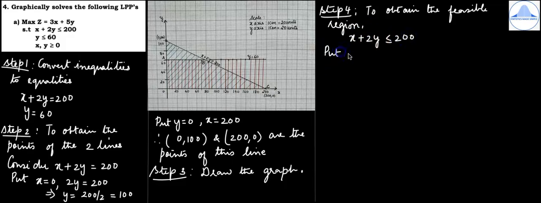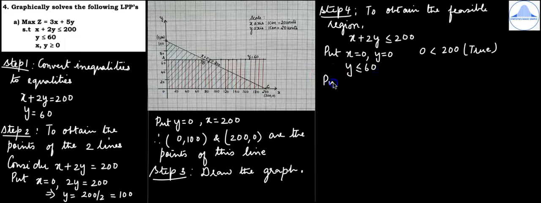Now you put x equal to 0 and y equal to 0. On the left hand side you will get 0 and on the right hand side you have 200. So check whether 0 is less than 200. It is less than 200, so you write true. Next, the next inequality is y is less than or equal to 60.